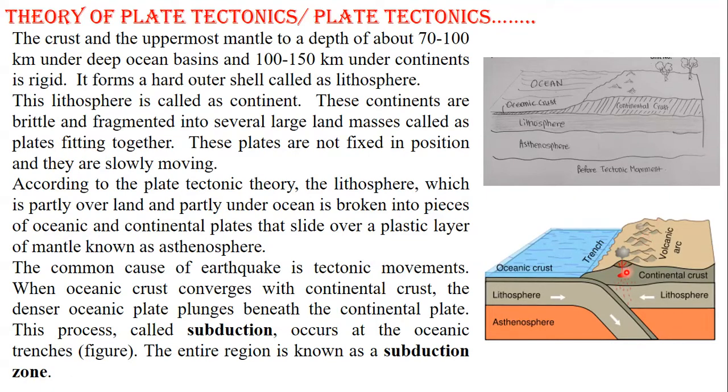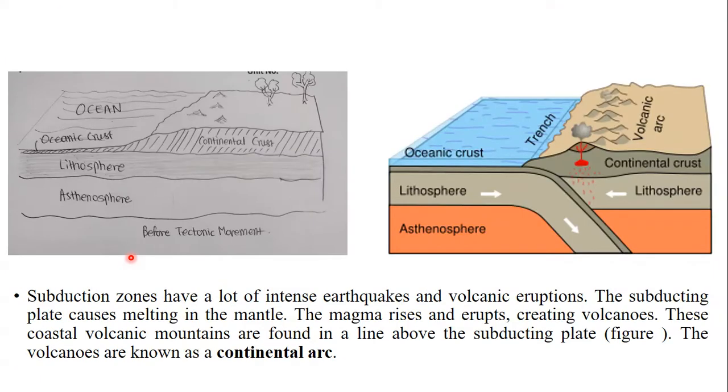So thus mountains are formed at the interface of oceanic plate and the continental plate, and this is the volcanic arc. Subduction zones have a lot of intense earthquakes and volcanic eruptions.